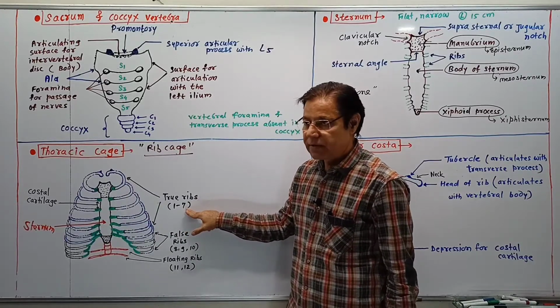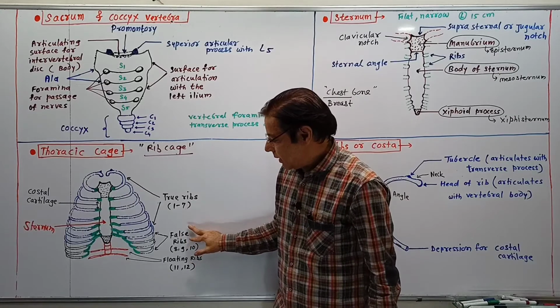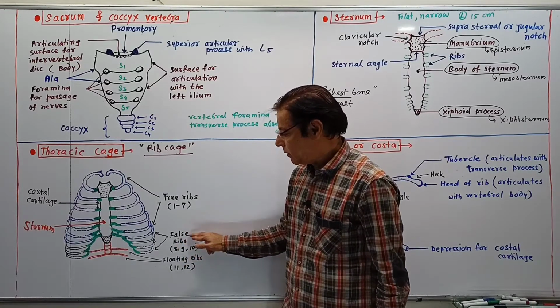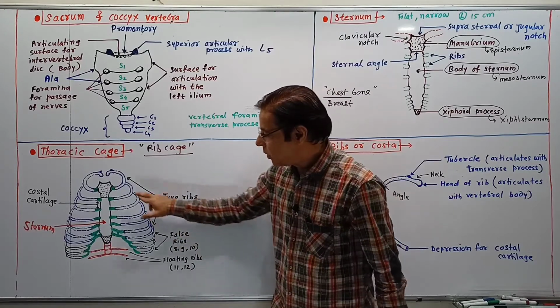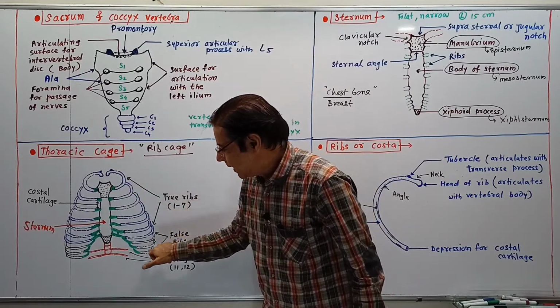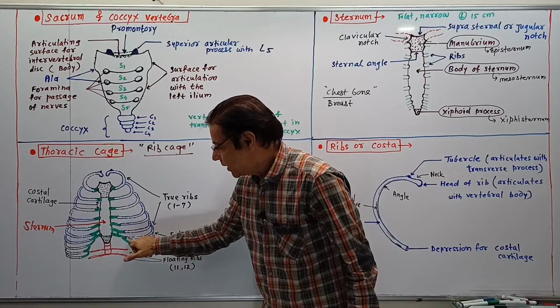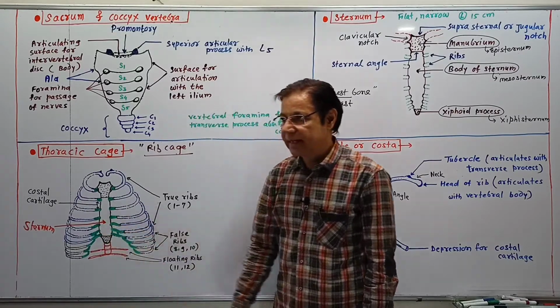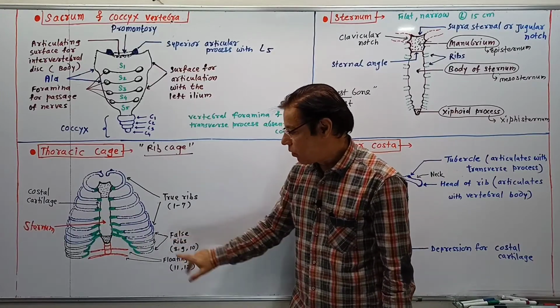First 7 pairs, 1 to 7, then the latter 3 pairs, 8th, 9th and 10th pairs, are false ribs. Why? Because they start from the vertebral column and they join to the 7th rib, not to the sternum directly. That is why they are called false ribs.